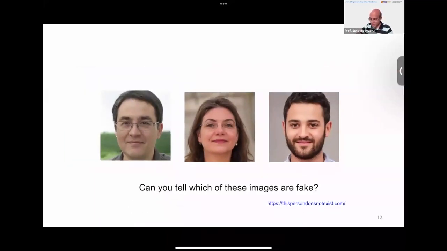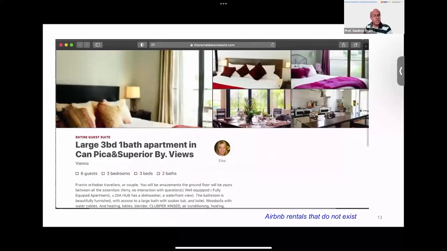This can be used to generate realistic looking images, not just of a particular attribute like a face, but you can generate a whole set of images like this Airbnb. And now you can imagine that you book this nice looking Airbnb, and that does not really exist, which is not what you would like to have, right?